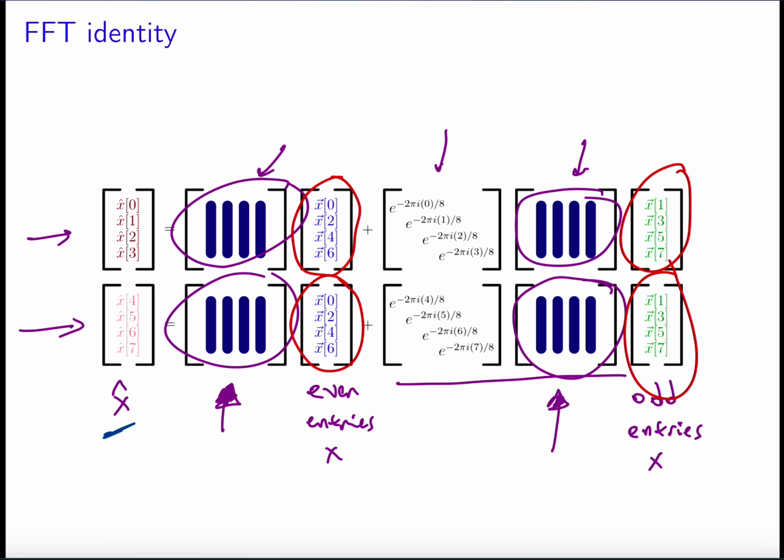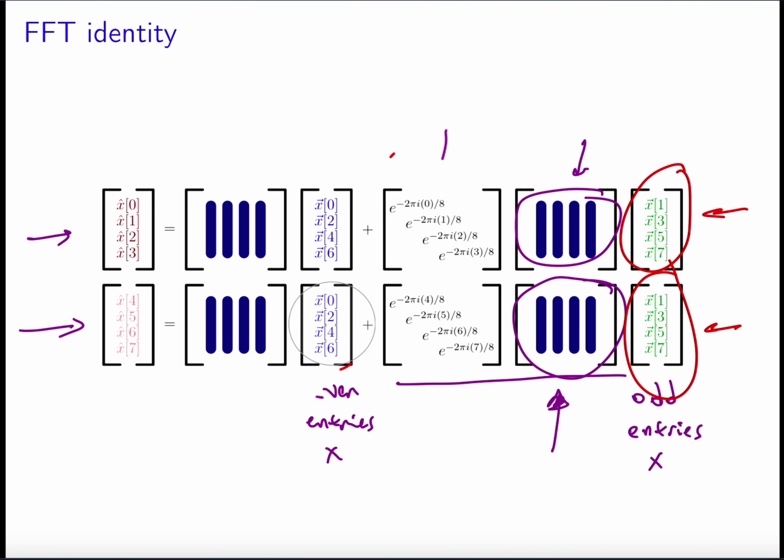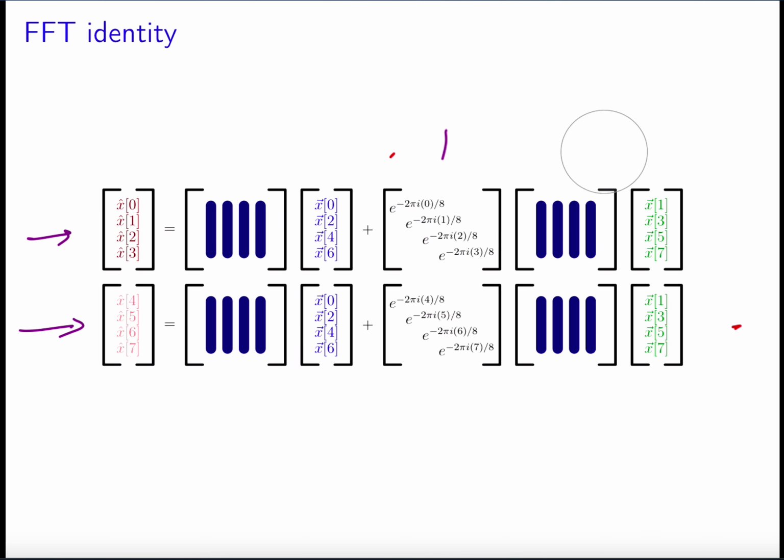But now I want you to notice that this guy and this guy are the same, because these are the odd entries. So basically, we're just taking 2 matrix vector multiplications with the n-half times n-half DFT matrix. Okay, I feel that this is getting too cluttered. Let me take a step back. So what is happening here?